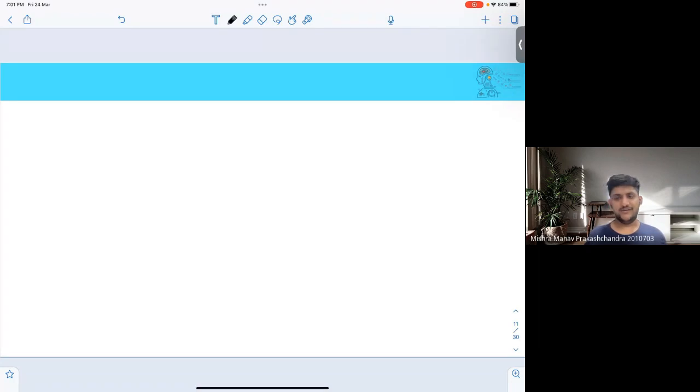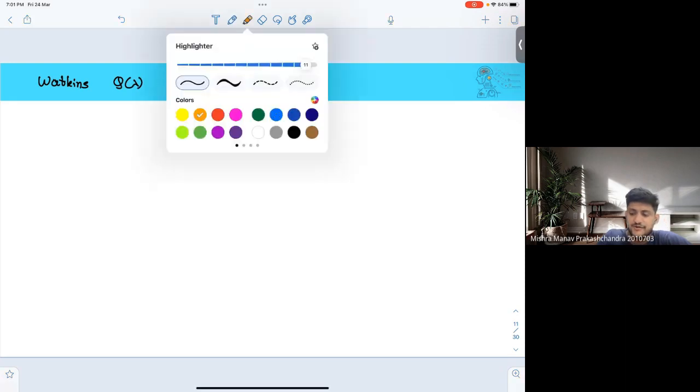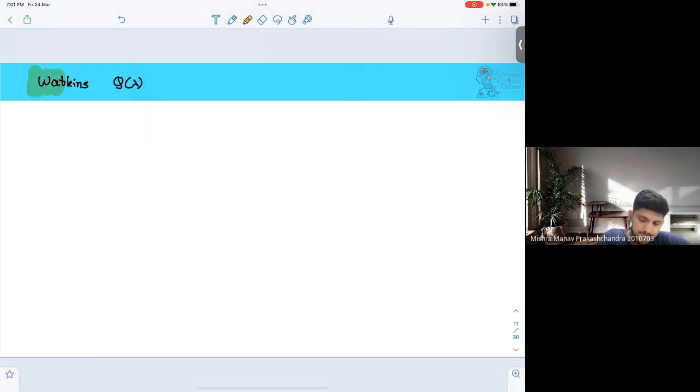Now we have defined SARSA lambda. We will look at something called Watkins Q lambda. Again, this is a control method for Q lambda, wherein I'm extending the idea of Q learning to Q lambda, and there are different variations on which people have defined the control for Q lambda learning. But Watkins is the most popular algorithm.